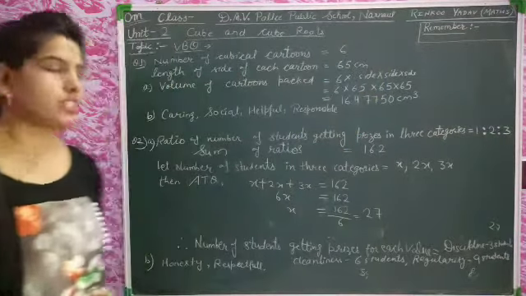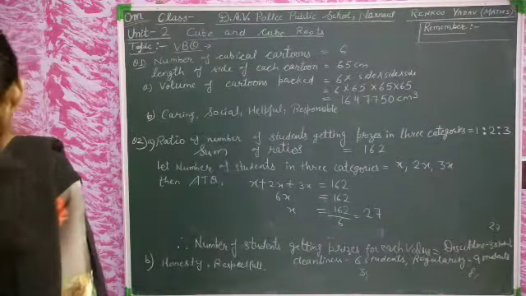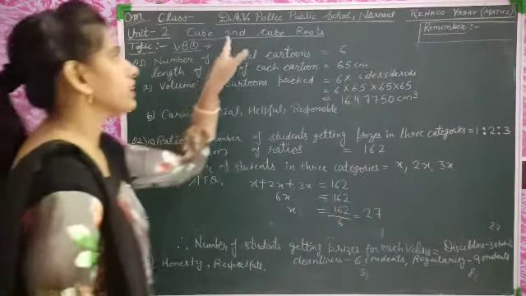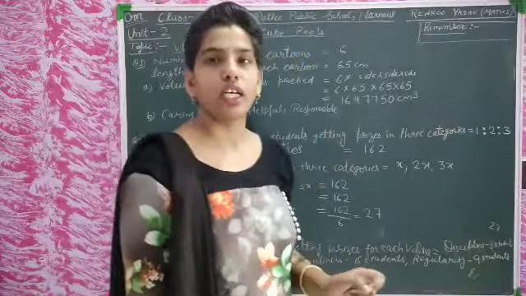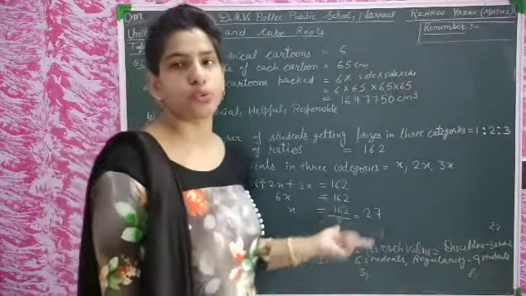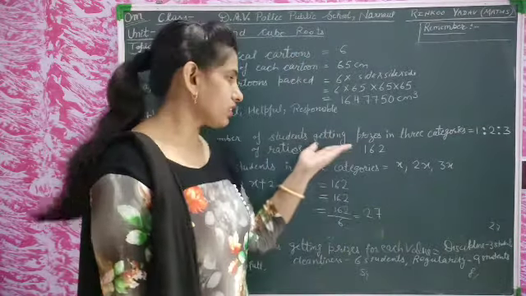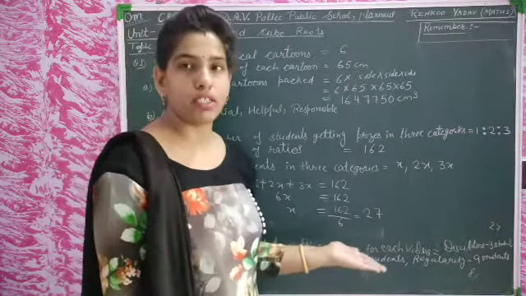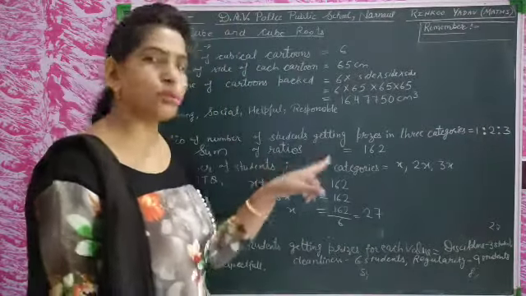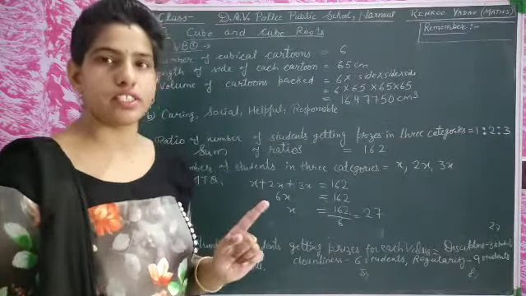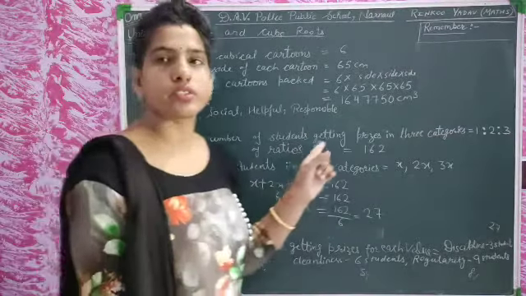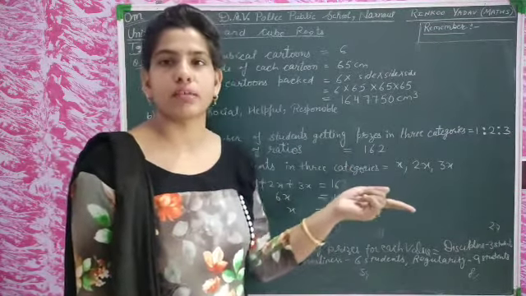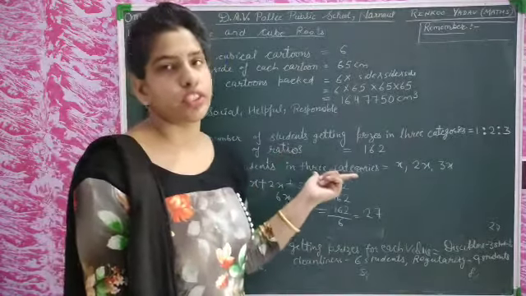81. So students, but our chapter is cube and cube roots, and there is no use of cube and cube roots here. So this method is maybe wrong, and the answer is wrong. We will do this question as the previous one, by the product of ratios.